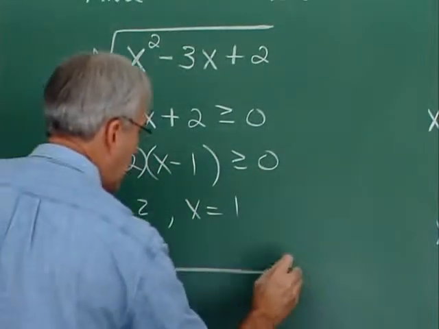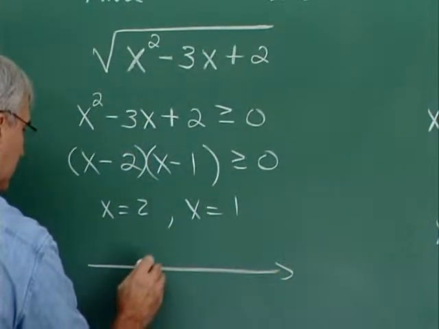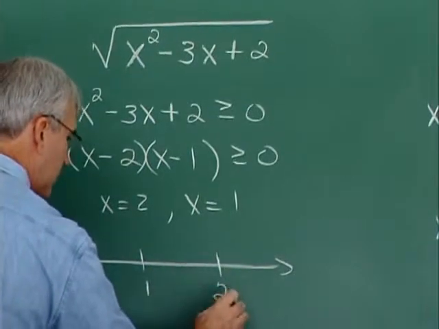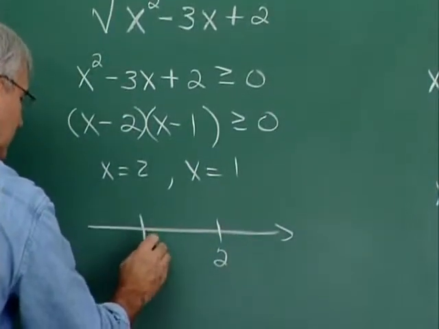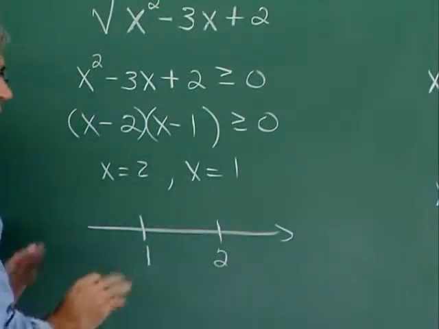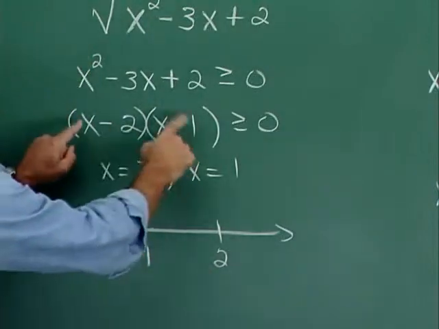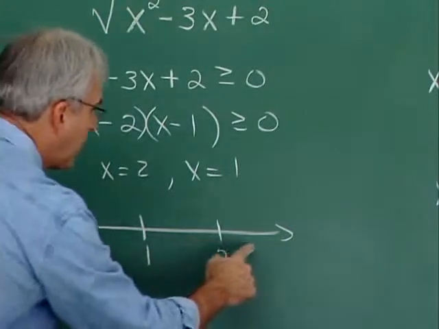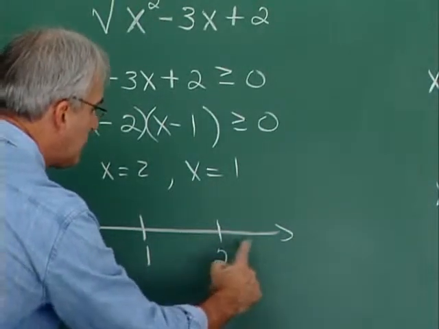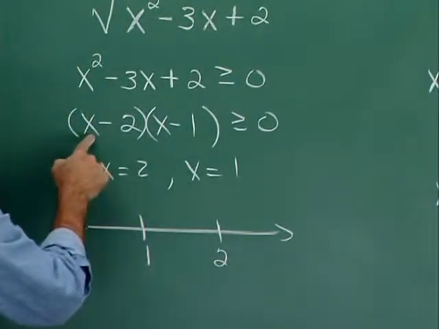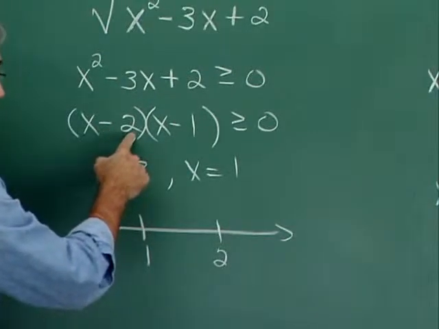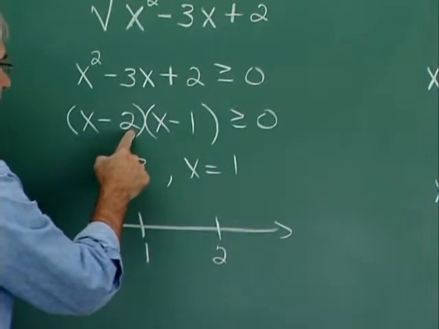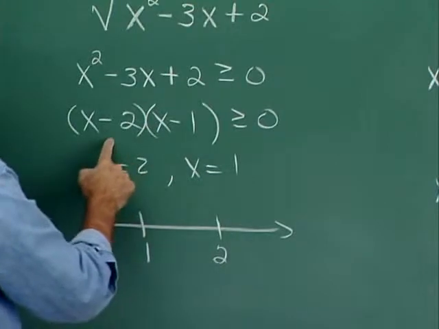These are the zeros of those two factors. Now those are critical values because they are places on the number line where the sign of each of these factors will change. That is, if we're out here with an x value greater than 2, and we subtract 2, then we have a positive value for both of these factors.